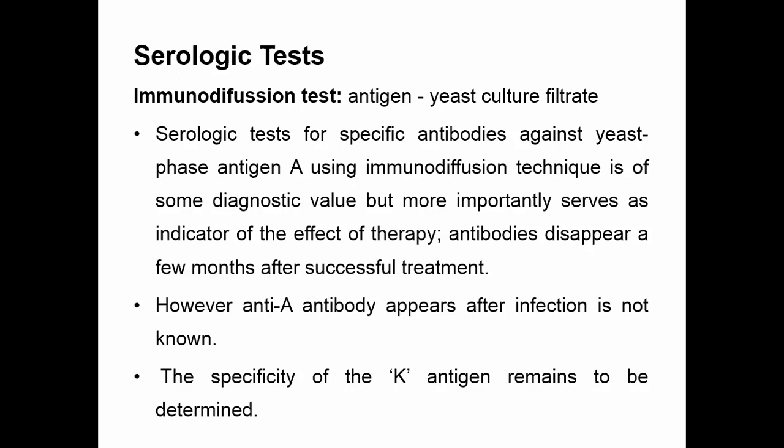So whatever the antibodies are, they have a specific site against a specific antigenic site, and that antigenic site is what we call the K antigen site, right? And that's why this works very well whenever the particular culture is there in yeast form only.